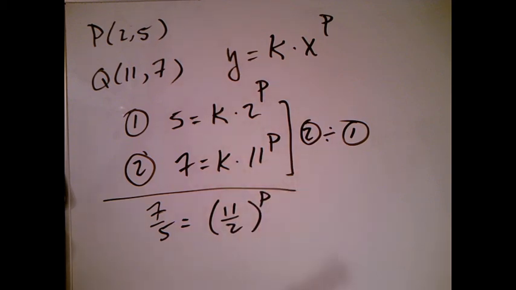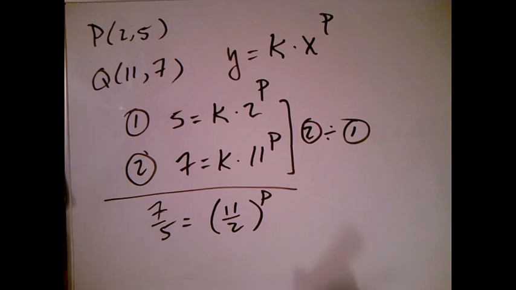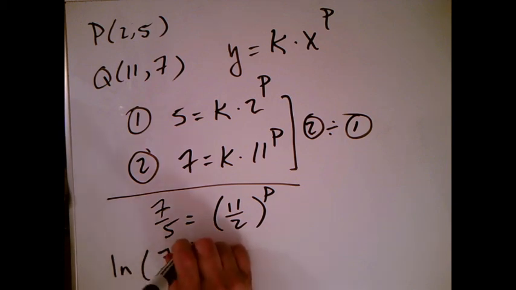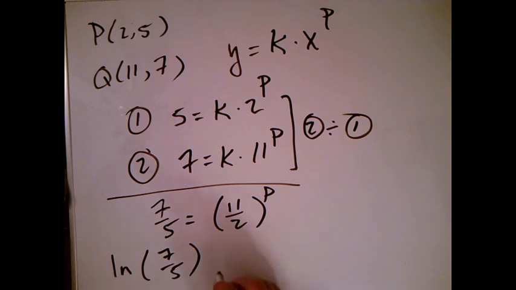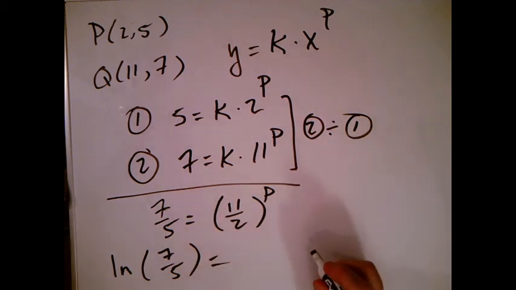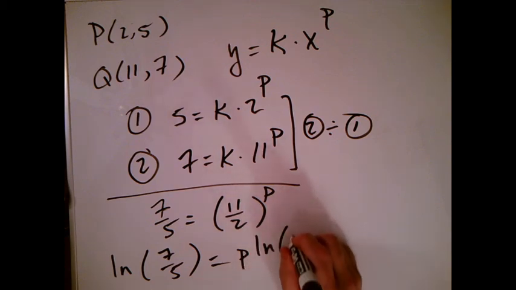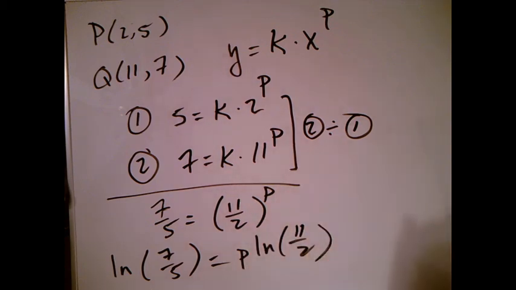Sadly enough, even though this is a power function, we need logarithms to finish. So what we're going to do is take the log of both sides. Take the natural logarithm, because all calculators will do that. I'm going to get ln of 7/5. When I take the ln on the right-hand side, the p comes down. We know this already. So I get p times ln of 11/2, like that.